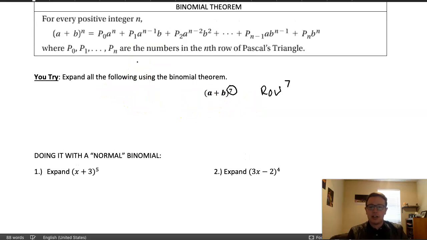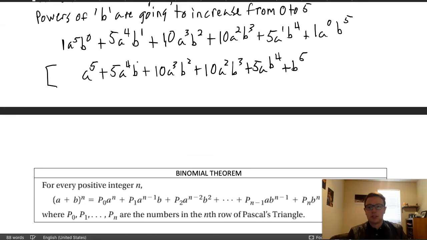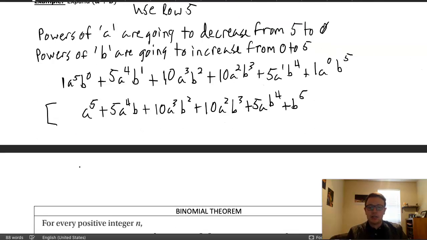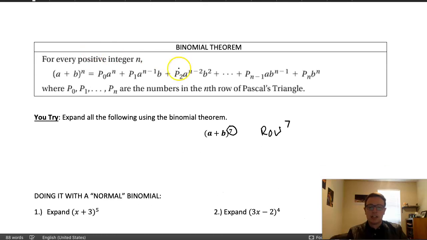Let's go ahead and look those up. They're going to be 1, 7, 21, 35. All right, so let's go ahead and keep those in mind. We'll decrease our powers of A, so A will start at 7, B will start at 0, and go all the way up to 7. So our first term would be 1.